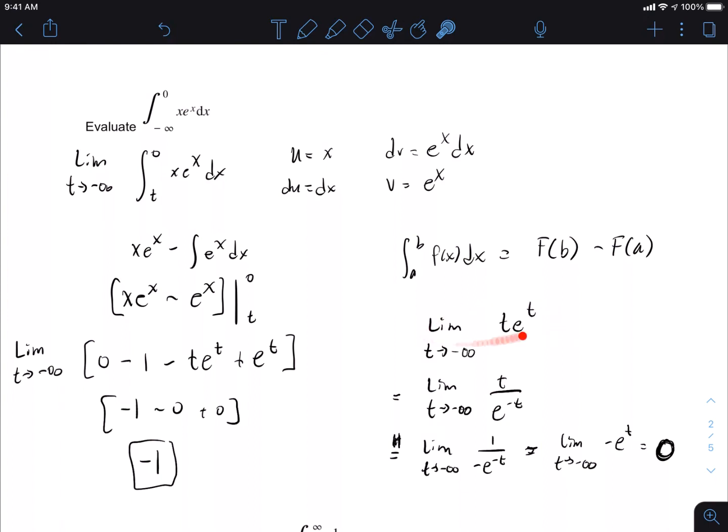So by doing this one, I actually was able to do the other one also. That's why those are both 0. And we see that the integral from negative infinity to 0 of x e to the x dx has an area of -1. So cool. We okay? Okay.